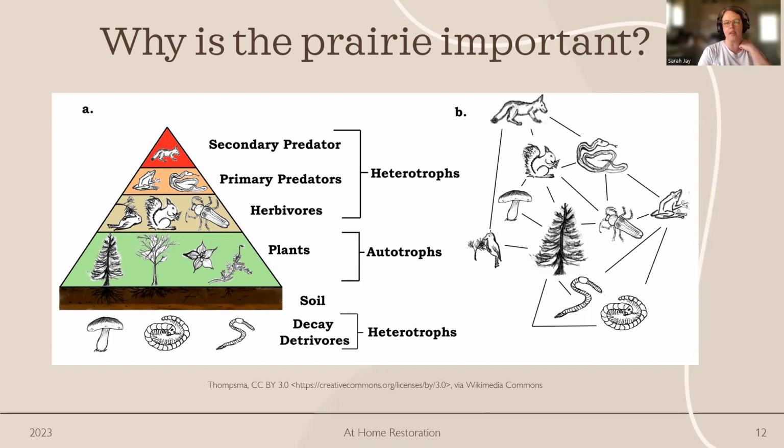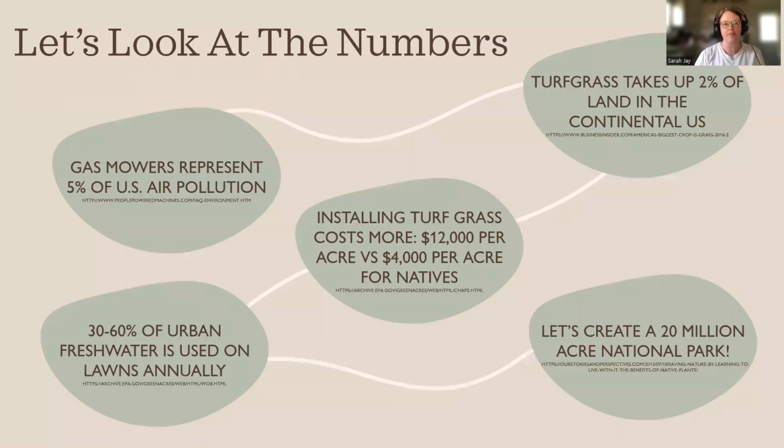So without the native plants, the herbivores don't have anything to feed on. And when the herbivores don't have anything to feed on, the primary predators don't, and therefore the secondary predators don't as well. Also, as non-natives decay, they don't necessarily feed our native detritivores, which are part of what keeps the soil healthy and helps prevent soil erosion. So that's why it's important to maintain the prairie as an ecosystem.